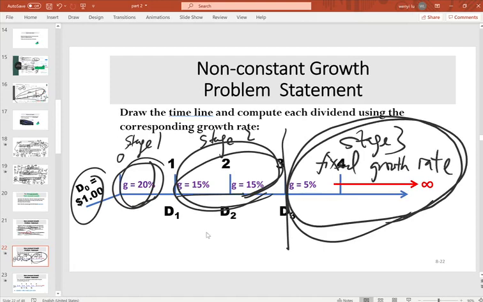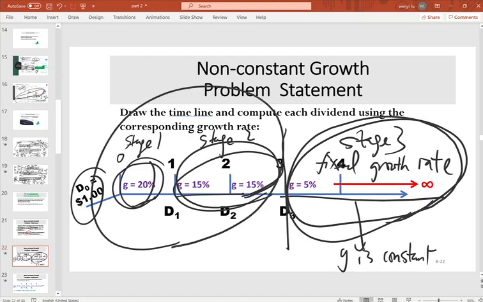So for this last part, our growth rate is constant. But for these two stages, our growth rates are not constant. So how do we solve this question? We will divide our calculations into 3 stages.